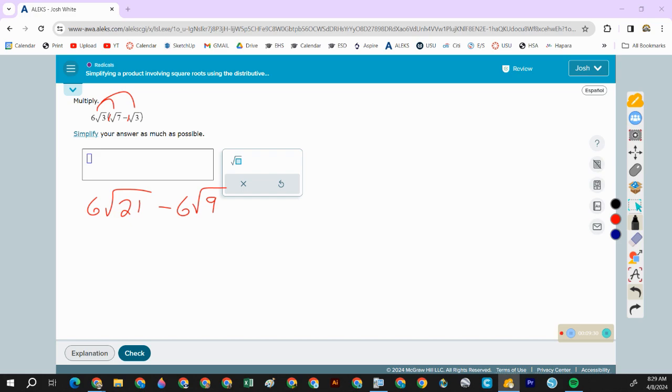So 21 is made up of 3 and 7, so that does not simplify. And 9 is made up of 3 times 3, so it does simplify. I pull out a set of 3's. So 6 root 21 minus 6 times 3 is 18, and nothing is left on the inside, so it's just the square root of 1, and we don't need to write the square root of 1.